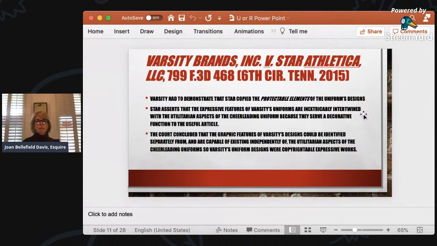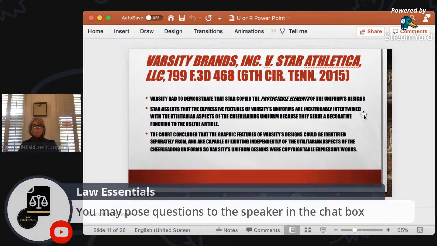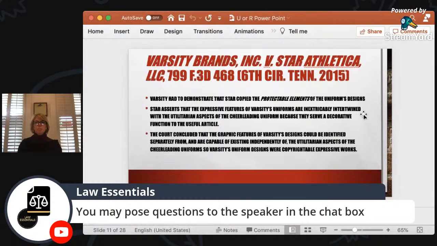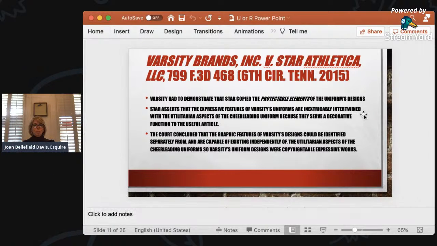So to recap, Varsity did demonstrate that Star Athletica copied their protectable elements in the uniform designs. And so they were able to register that with the trademark office. One of the reasons why you want copyright protection here in the US and you want to register your copyrights, it's just like with trademarks in the US.